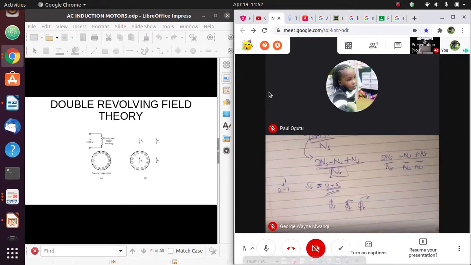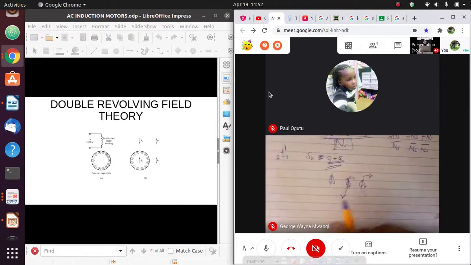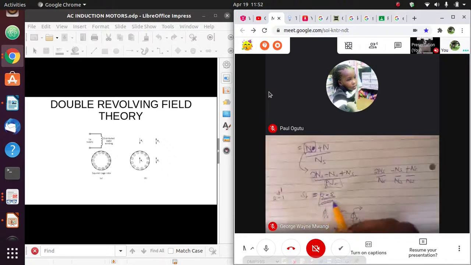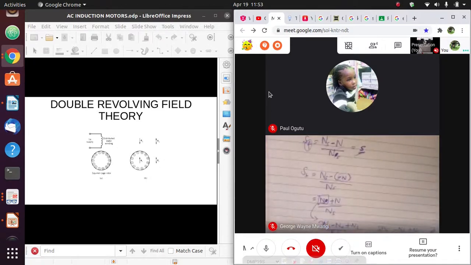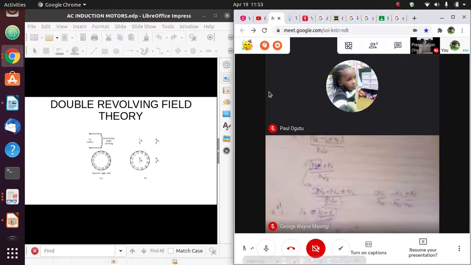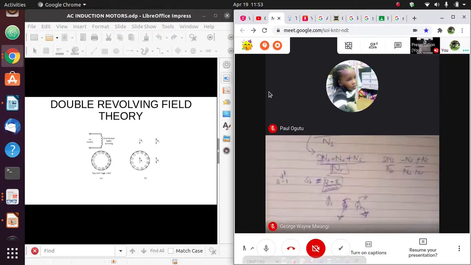So it's like you have two rotors, because you have a flux inducing current in the forward direction, and a flux inducing current in the backward direction, and you have slip in the forward direction and slip in the backward direction. So essentially, when the flux is resolved into a backward and a forward flux, in our rotor as well there will be an effect of the forward flux and an effect of the backward flux.